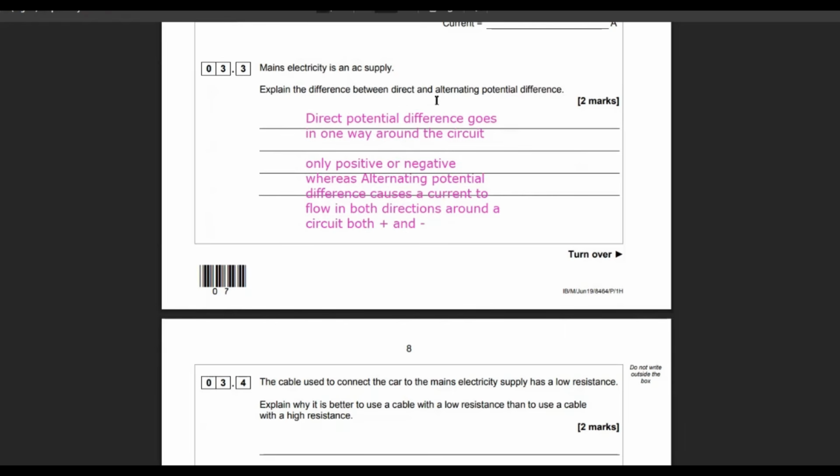So essentially, if you have just a direct voltage, you will only get a current going in one way around a circuit. If you have an alternating potential difference, your current will flow in both directions around a circuit. It will go from positive to negative and then negative to positive. So both directions around the circuit. And that's why it's called alternating. Okay.